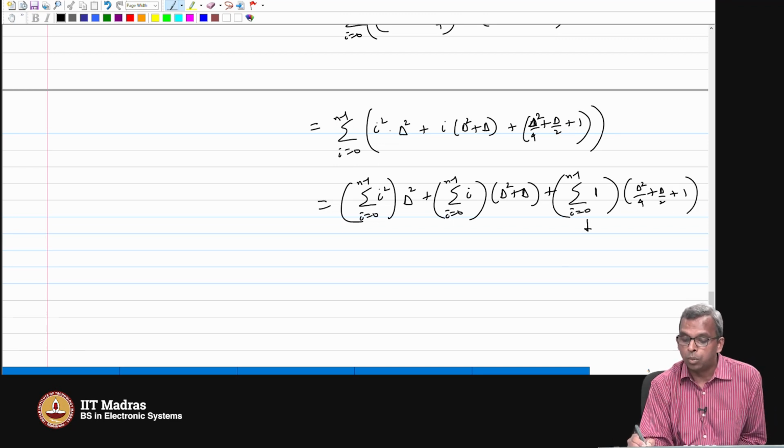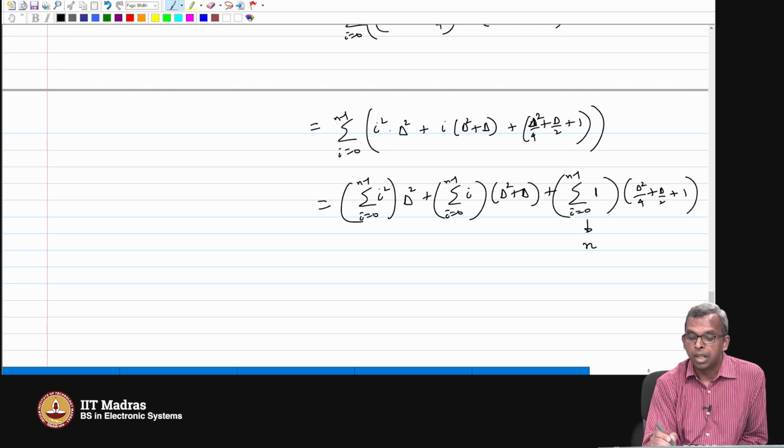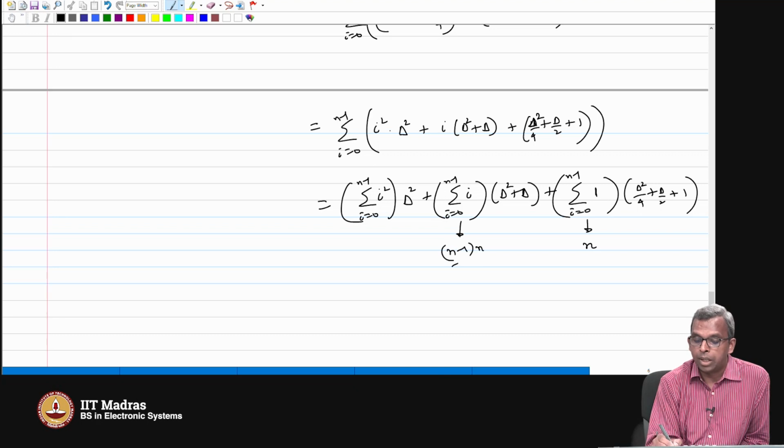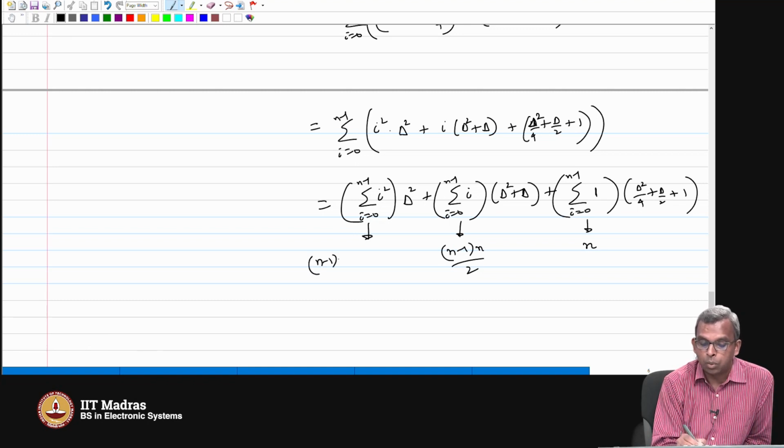So, for this one, from 0 to n minus 1 I am adding 1, so I will just get n here. From 0 to n minus 1 I am adding i, so I will get n minus 1 into n by 2. From 0 to n minus 1 I am adding i squared. Here there is a formula. You will get n minus 1 into n into (2 times n minus 1 plus 1) by 6.